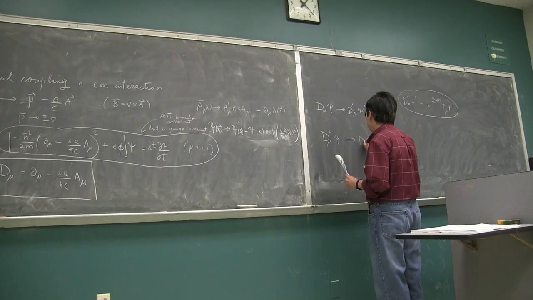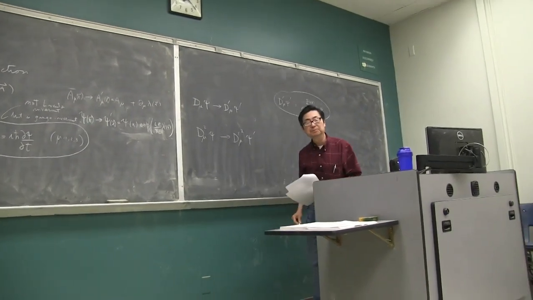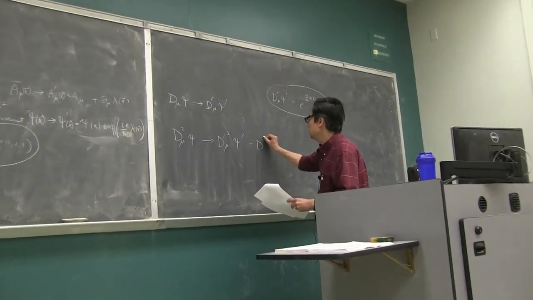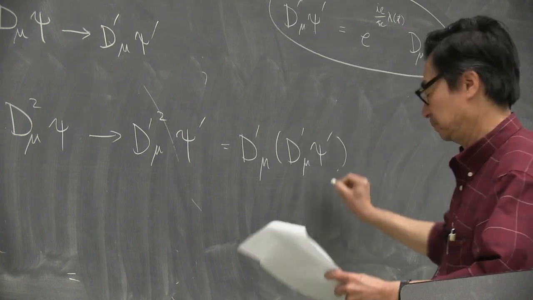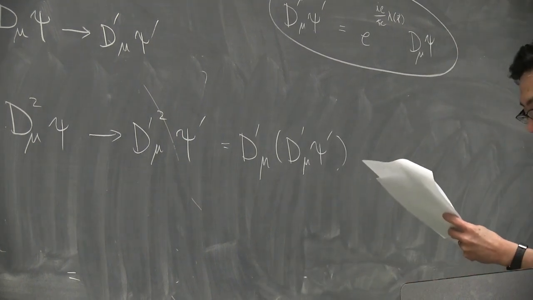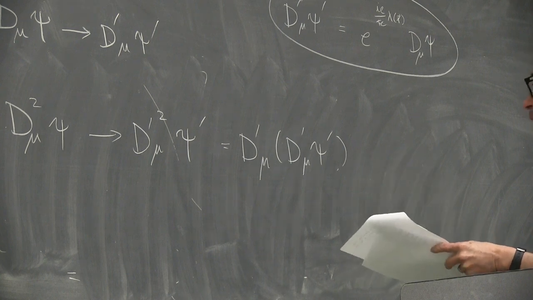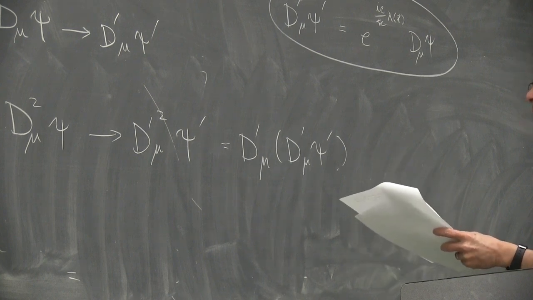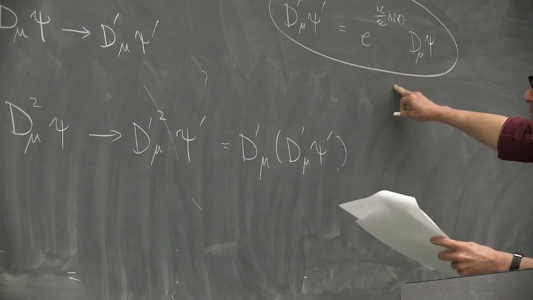This then becomes D'_μ squared ψ'. Under a gauge change, it would be like this, right? So this is like D'_μ D'_μ ψ'. Okay? Now, I'm going to make use of this result, right?